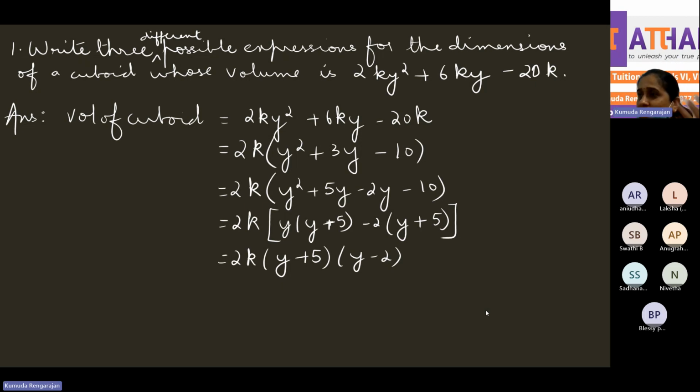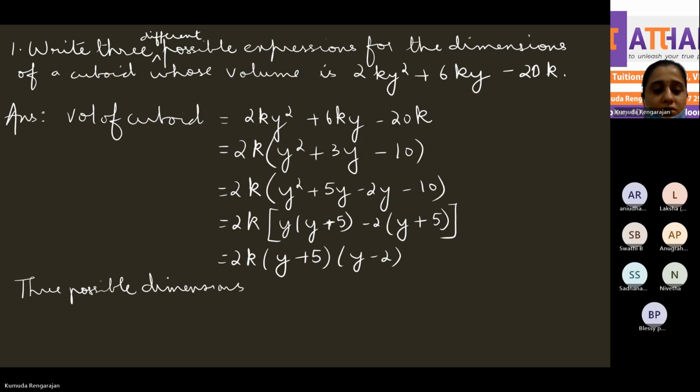Now, if something is the length, the other thing is the breadth, and the remaining one is the height. So the 3 possible dimensions are, you can just make columns like this: length, breadth, and height.